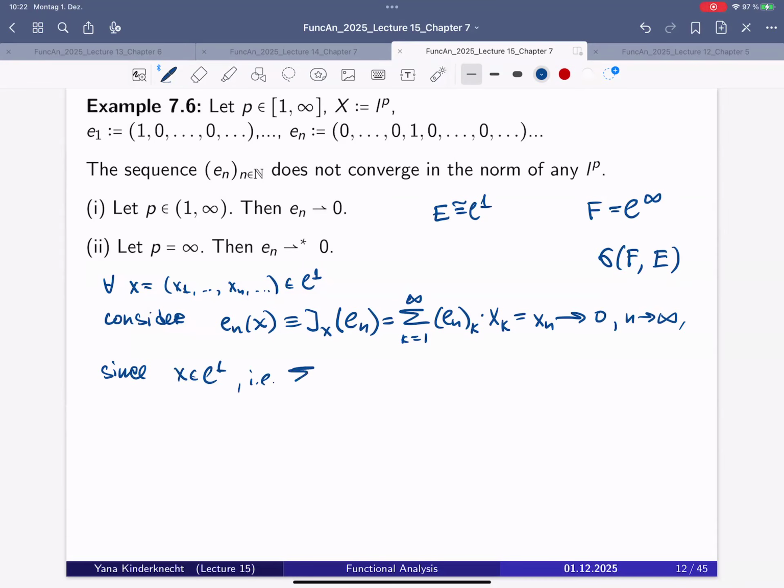That is, the sum of absolute values of xk is finite. Again, since the series is convergent, the summands should tend to 0. Yes, but what we have shown is that for any x in this E, this converges to 0, which is again, what is it?